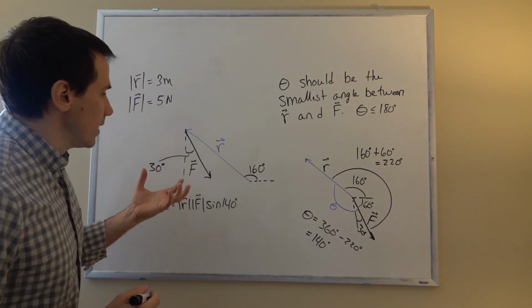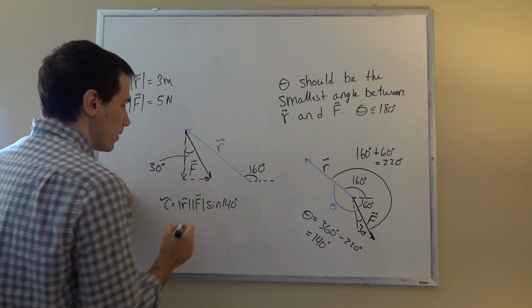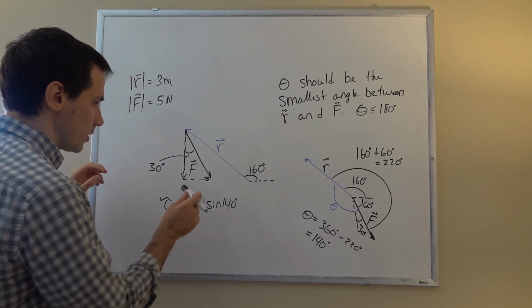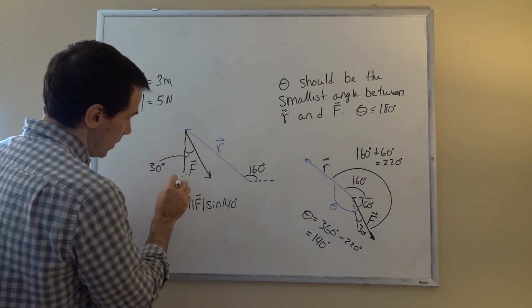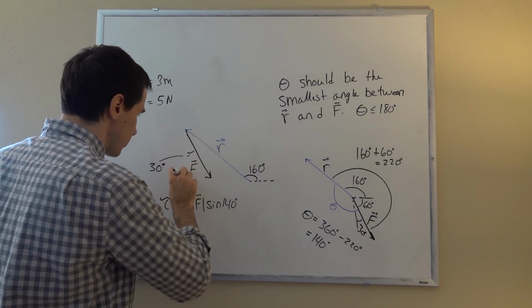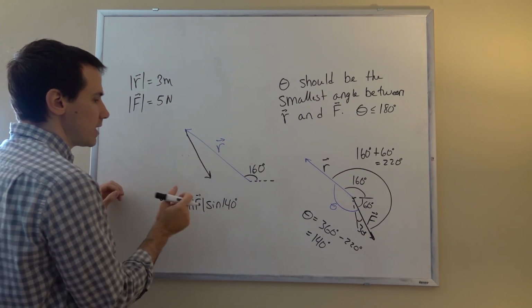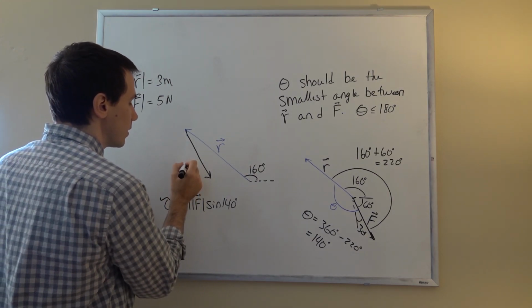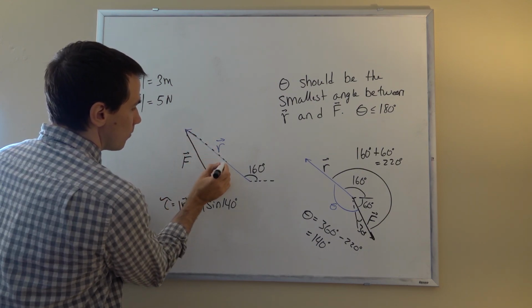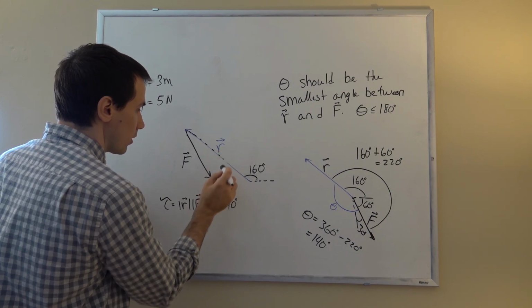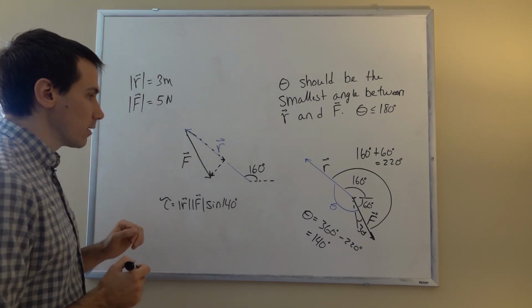The way to do that is look at this picture, and I want to draw my force vector in terms of radial and tangential components. So I'm going to take my force vector here, and I'm going to draw the component of it that points along the axis and the component of it that points not along the axis.